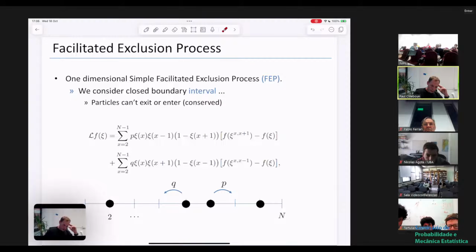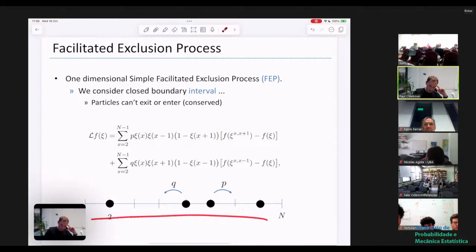Moving on. So we consider this process with a fixed number of particles on n sites where we consider the boundaries closed. So I'll call that the closed boundary or the interval process. So we don't consider the case where particles can enter or exit this closed interval.